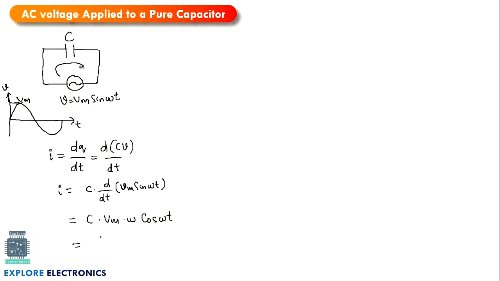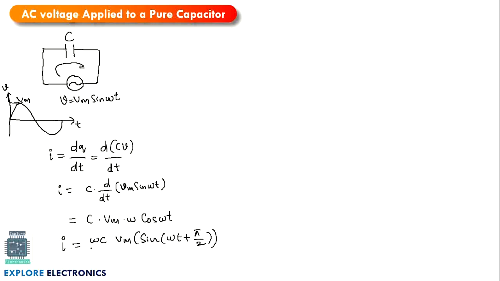So C Vm omega cos omega t. Let me write it as omega C into Vm. I am going to write this in terms of sine: sin of omega t plus pi by 2 is the same as cos omega t, right? This is the current expression I.